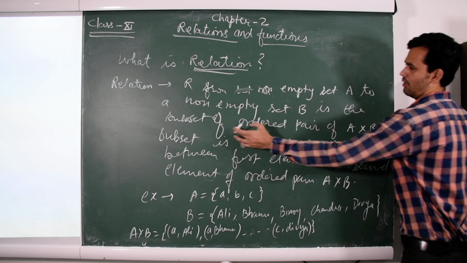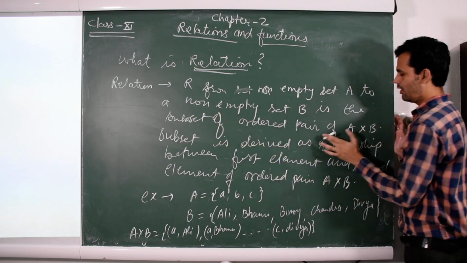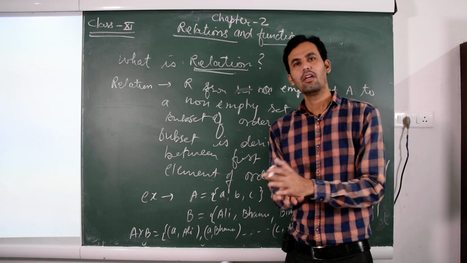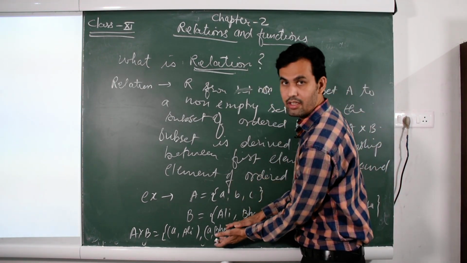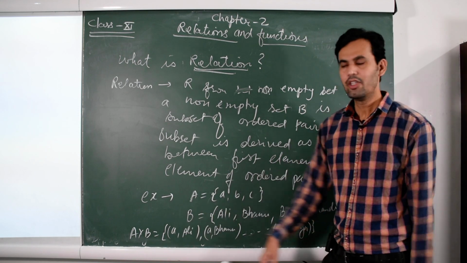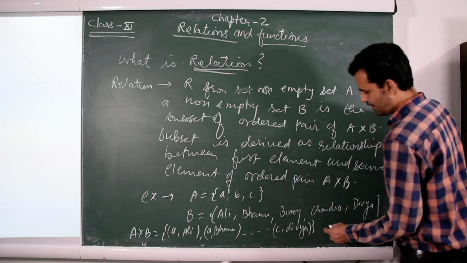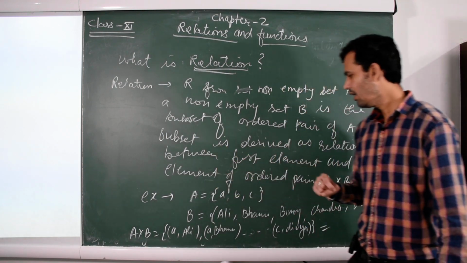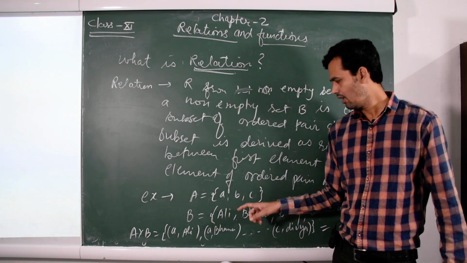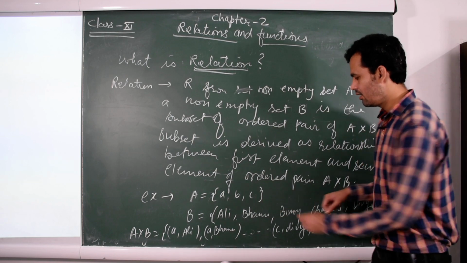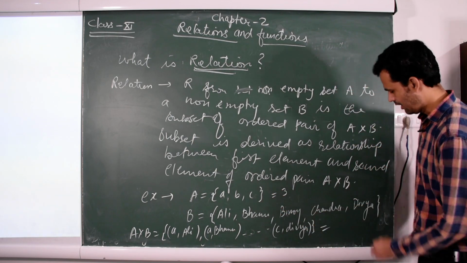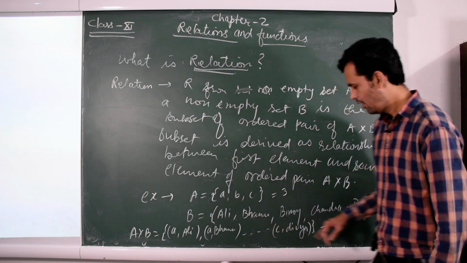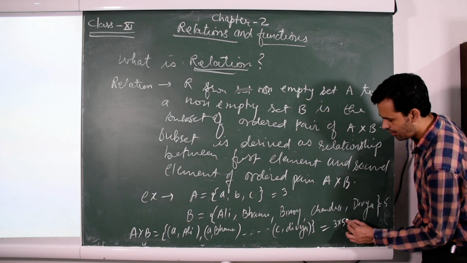Here we have written the subset of ordered pairs of A into B. Subset means elements are taken from this set. So how many ordered pairs are there in A into B? There are 15 ordered pairs. How? A is having 3 elements and B is having 5 elements, so A into B is 5 into 3 or 3 into 5.